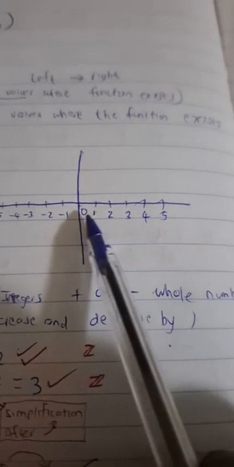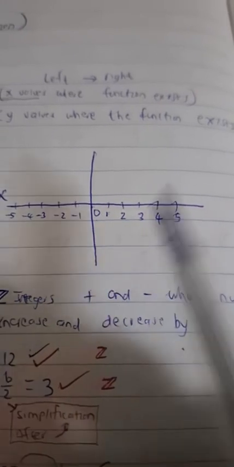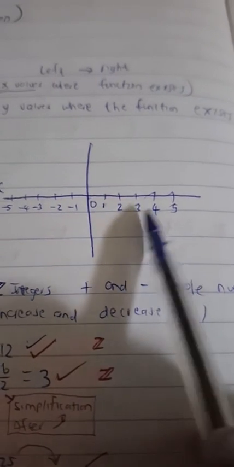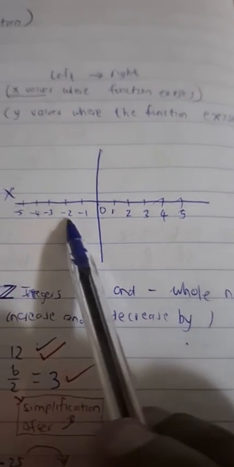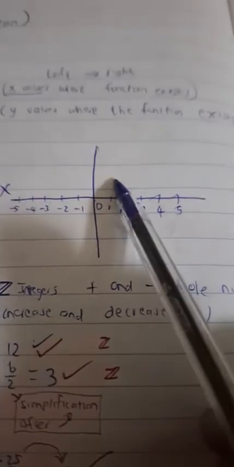So if it's 0, 1, 2, 3, 4, 5 in the numerator, we are 100% good. If it's 1, 2, 3, 4, 5, or -1, -2, -3, -4, -5 in the denominator, we are good. But in the denominator, we cannot have the number 0.